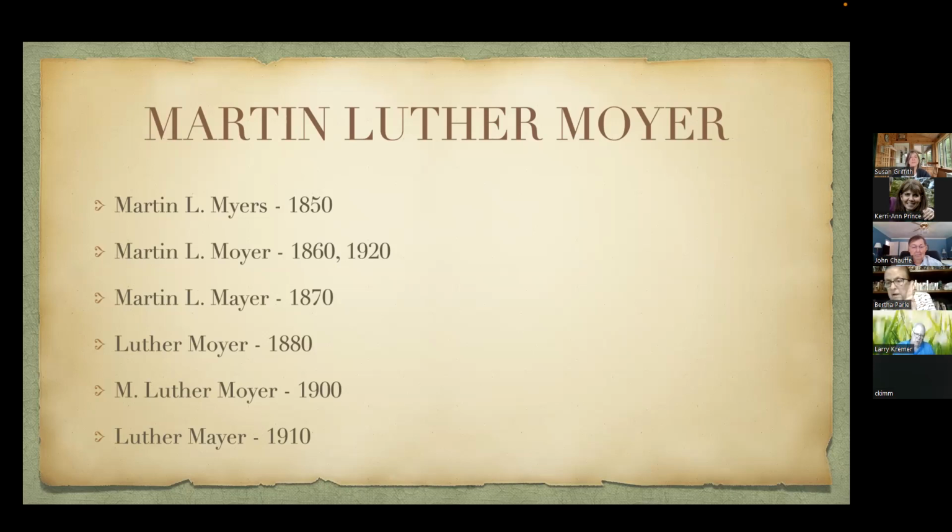I have a question. Sure. The spelling of the last name changes, and it may be the enumerator is changing the name and not the person. Yeah. Good point. So they're just writing as they hear it. Now imagine Moyer said with a very thick Southern accent, Moya, it sounds a little bit like Meyer, doesn't it?